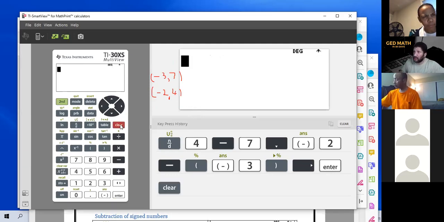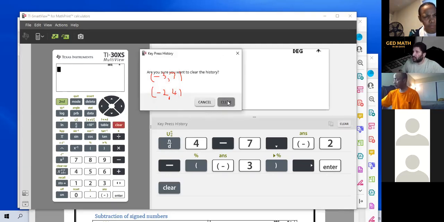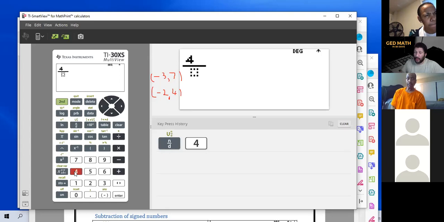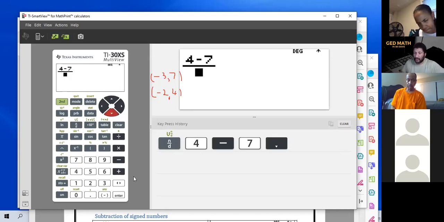So what we're going to do is let's clear the screen. I want you to hit ND. I want you to type in 4. And then hit your subtraction sign. And then 7. Hit your down arrow. Hit your negative sign there, enter.